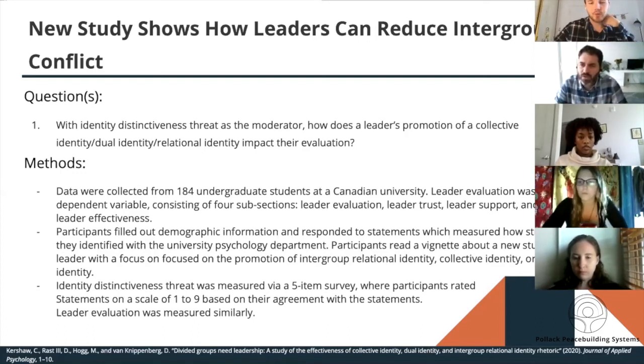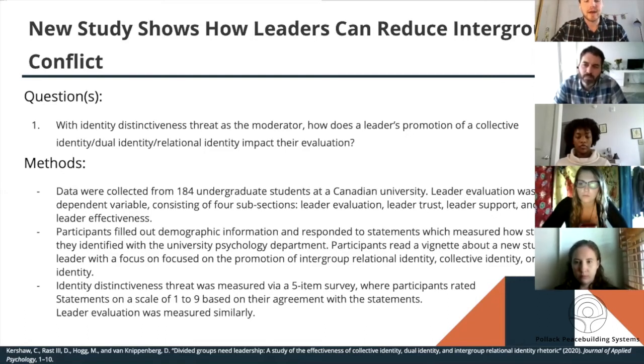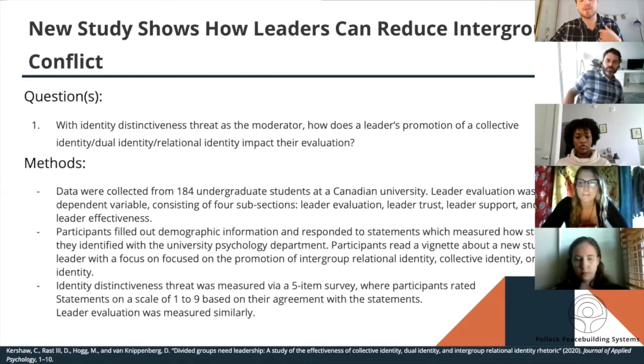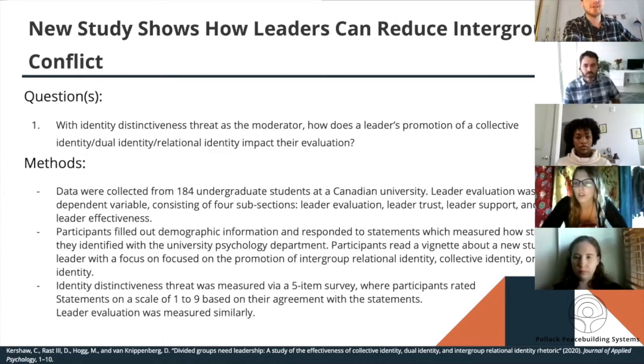Yeah, I can read their definition from one of the studies: an intergroup relational identity entails a sense of identity that included or was even defined by the collaborative relationship existing with the other group. So it doesn't discard the individual identity parts, but it focuses on the collaborative identity.